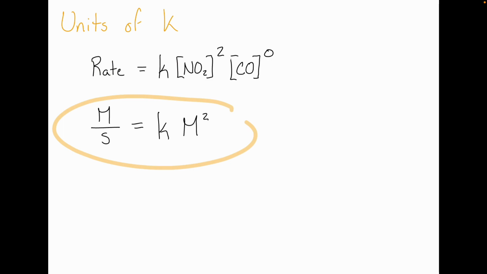All right, you're solving for K in the same way that we would solve for it if these were numbers, right? You're going to get K all by itself by moving everything else to the other side and then simplify.